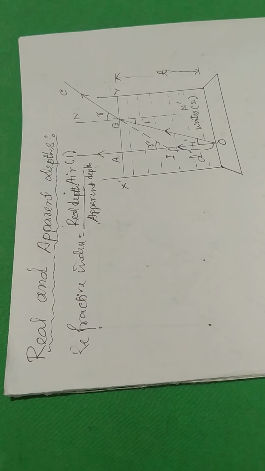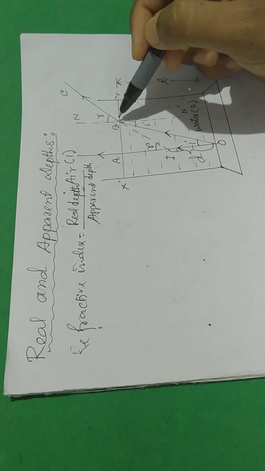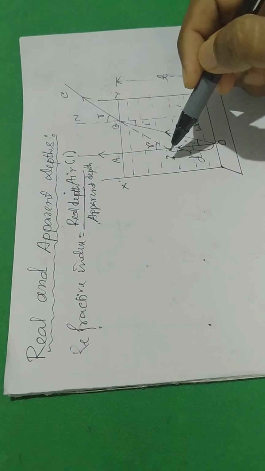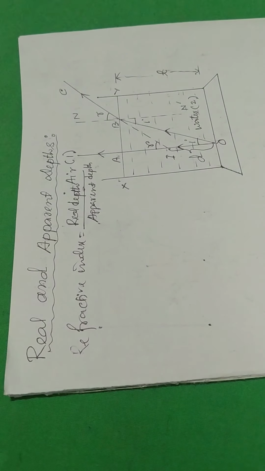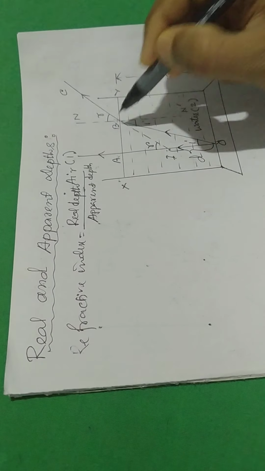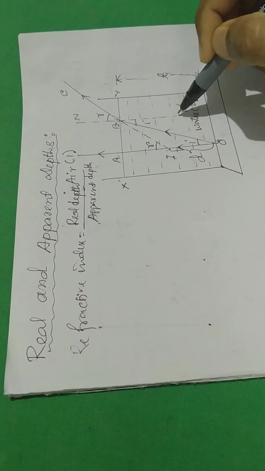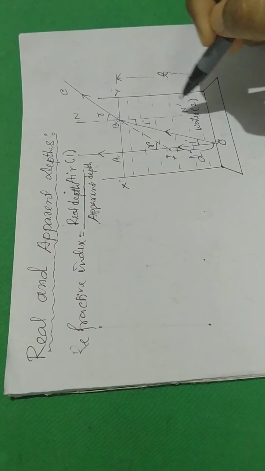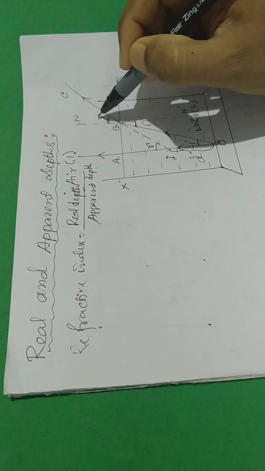Another ray of light suffers refraction at point B. On coming back, BC meets OA at I. So I is the virtual image of O. Now OB is the incident ray and BC is the refracted ray, and NB dash is the normal, so i is the angle of incidence and r is the angle of refraction.